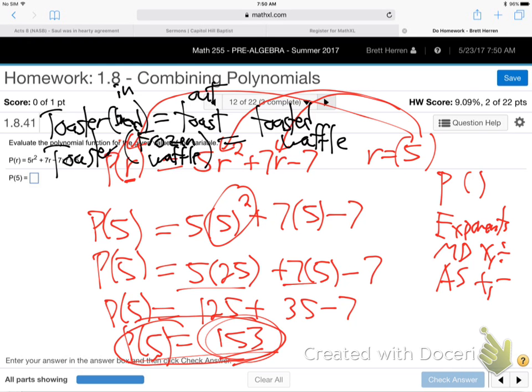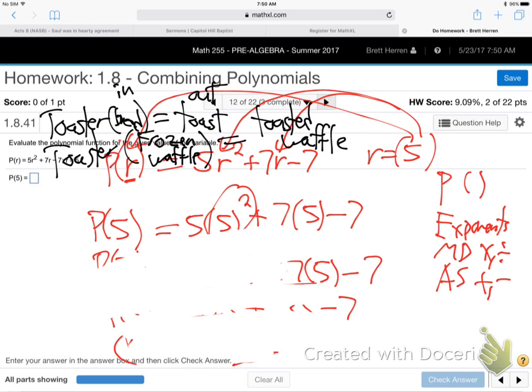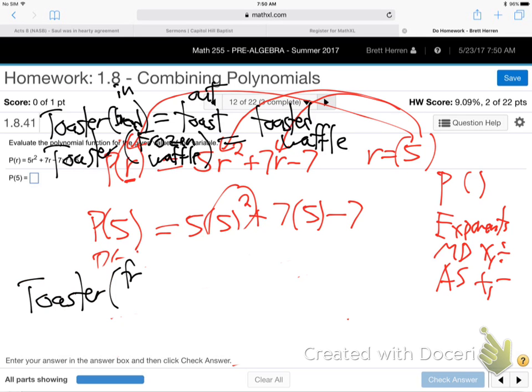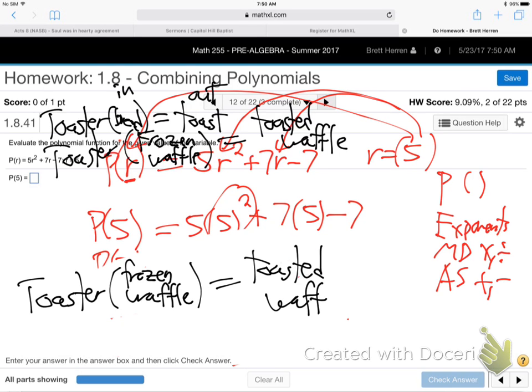That was terrible. All right, so let me erase this now that we have the answer, 153. So in other words, let me do that last again. It's like saying toaster with frozen waffle put in equals toasted waffle, right? Meaning this is what you put in, this is what you get out of the toaster.